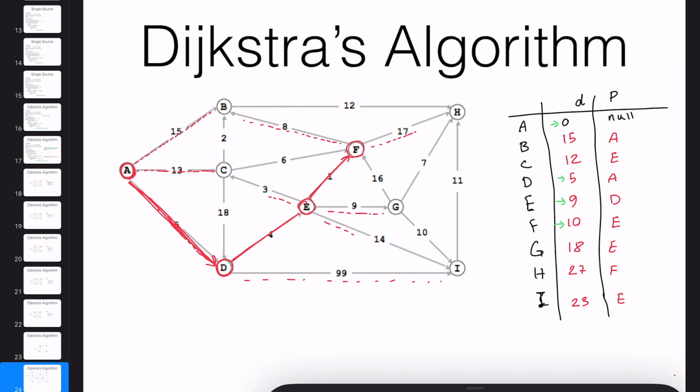Okay. The next item that can be removed from the priority queue is going to be the node C. The cost of C is 12, and so this is going to be the best cost. So I'm going to add this edge to the tree.